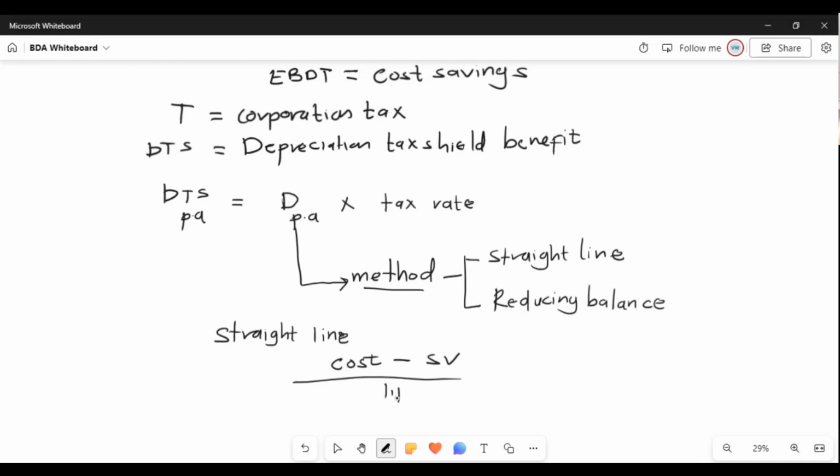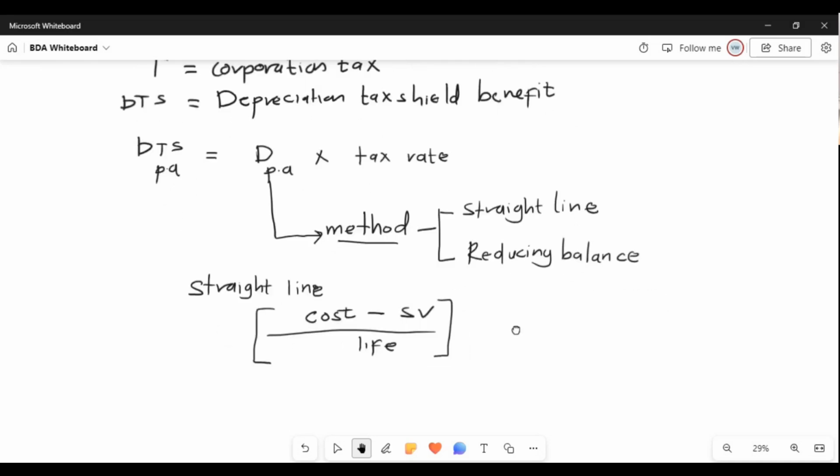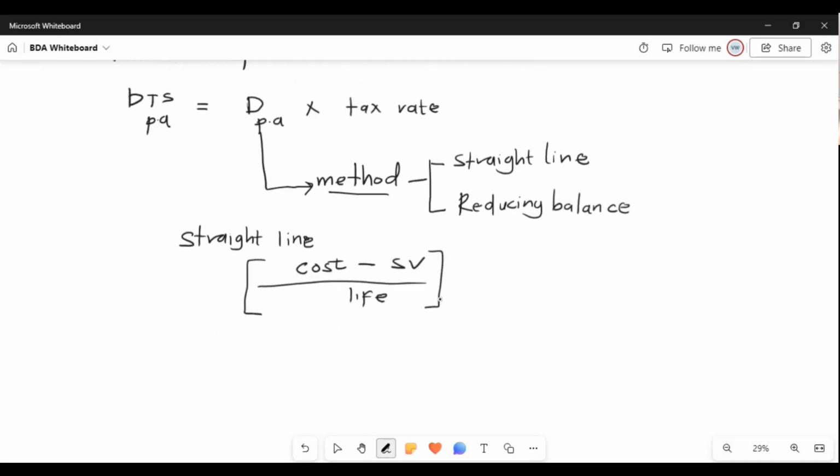We divide by the life of the asset. This will give you the depreciation per annum using straight line method. And because we are using straight line method, we expect depreciation per annum in every year to be the same, and at the same time the capital allowance in every year to be the same.